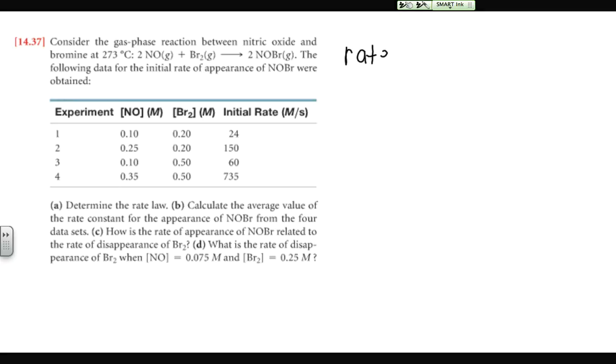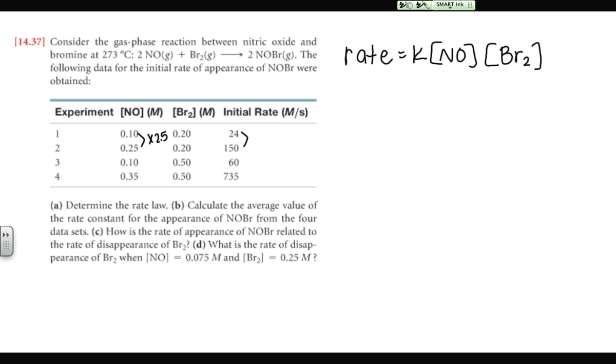Rate is equal to K times the concentration of my reactants. Now I'm going to leave room to put in the order of my reaction. So for my NO, I'm going to choose one that changes, and the Br2 is held constant. So I'm going to choose these. And to go from the top to the bottom, this is times 2.5.